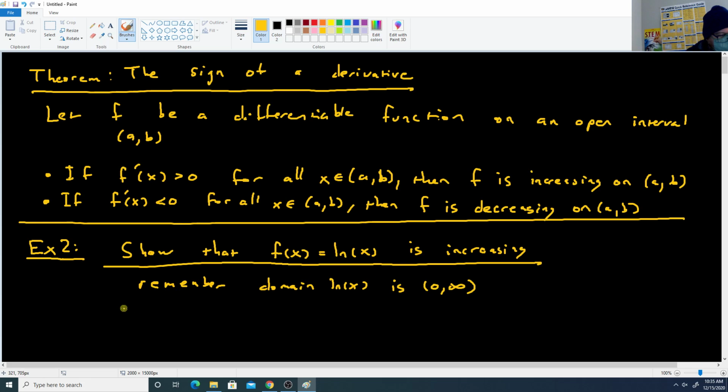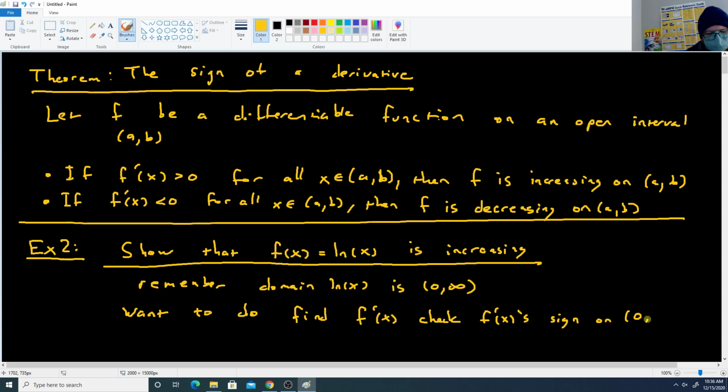So what we want to do is find f prime of x, and then check f prime of x's sign on 0 to infinity.